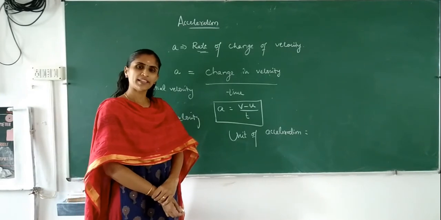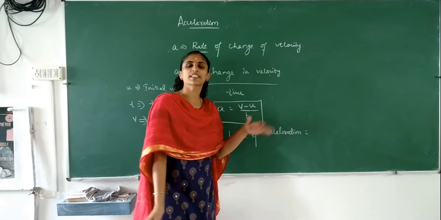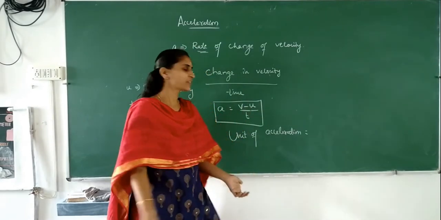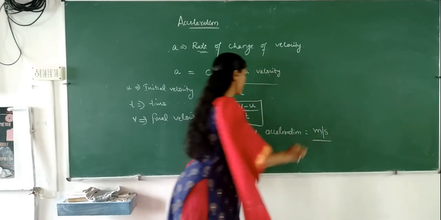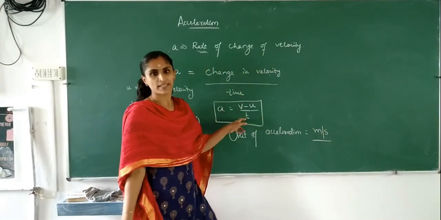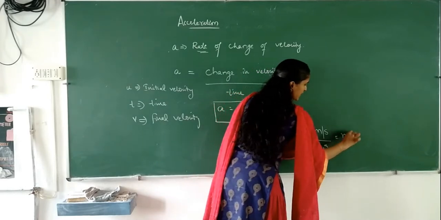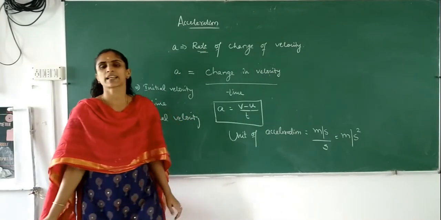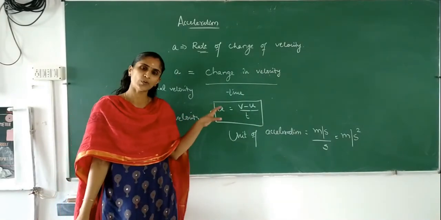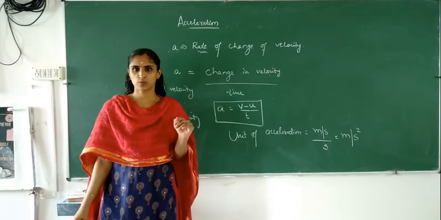SI unit of velocity is meter per second. So the difference in velocity also has the same unit, meter per second, and the unit of time is second. So the SI unit of acceleration is meter per second squared.